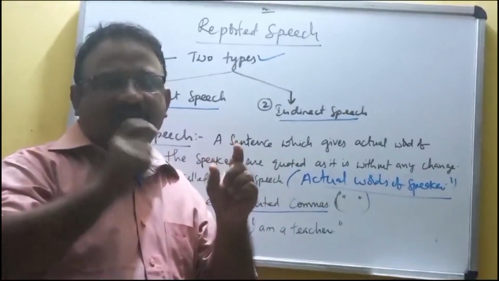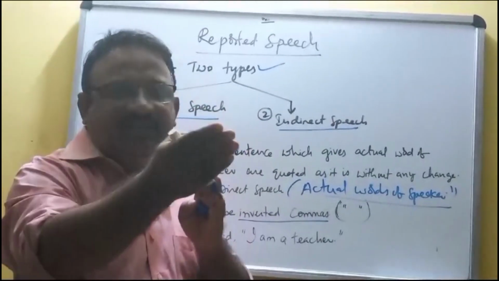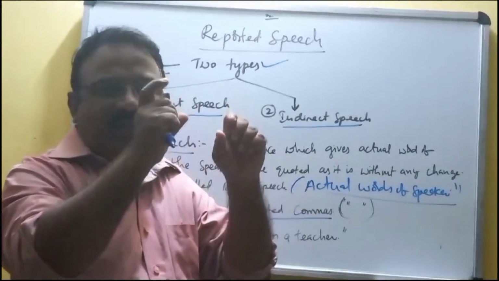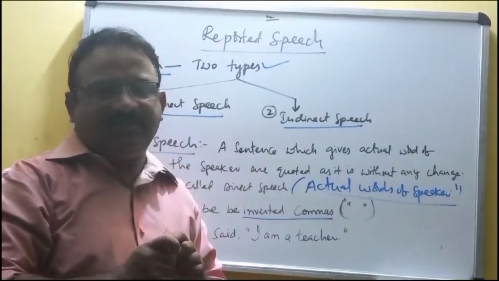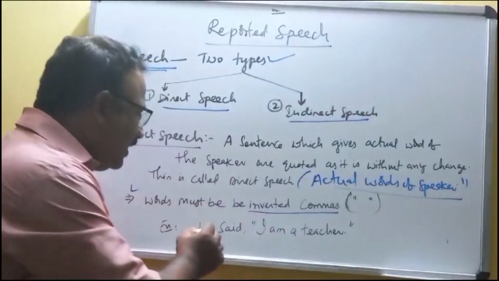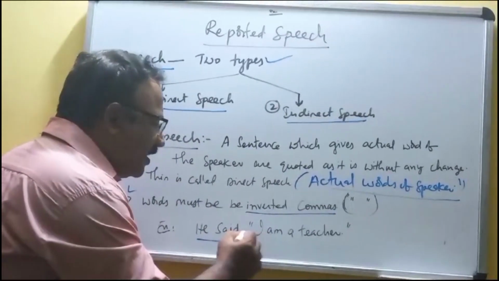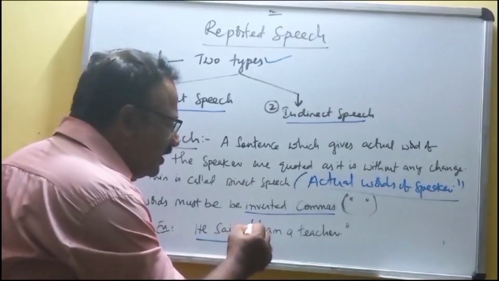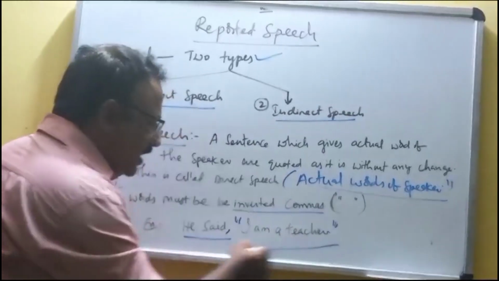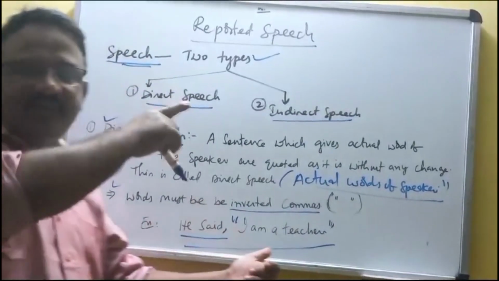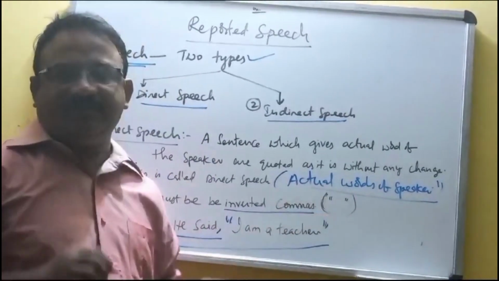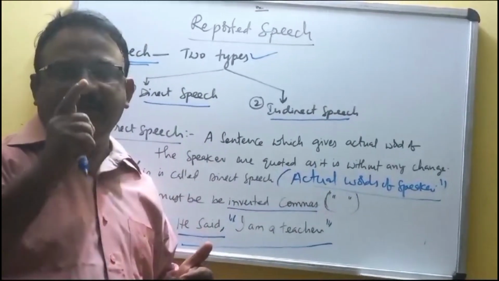What the reporter delivered, that report must be in inverted commas. That is the main point. Example: he said, comma, in inverted commas, I am a teacher.